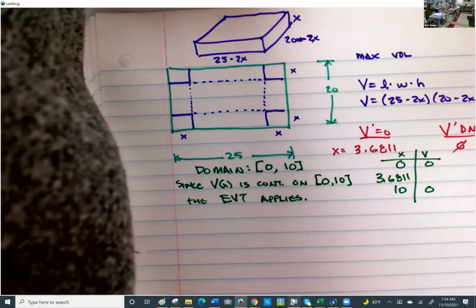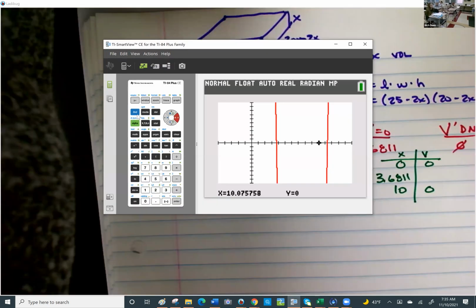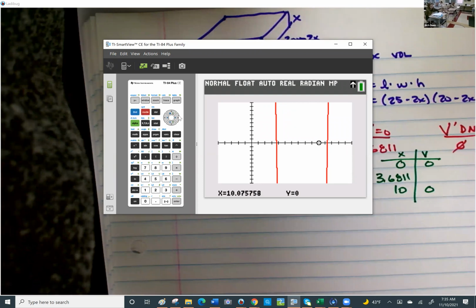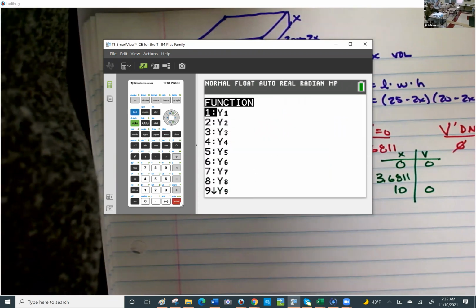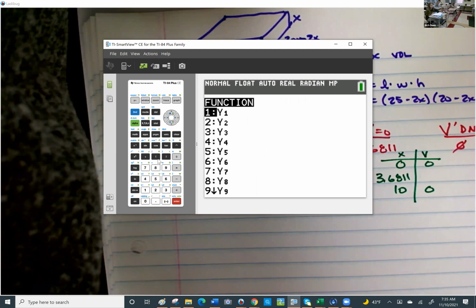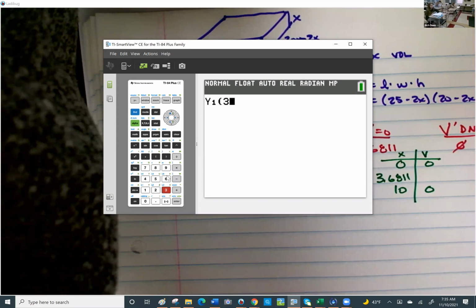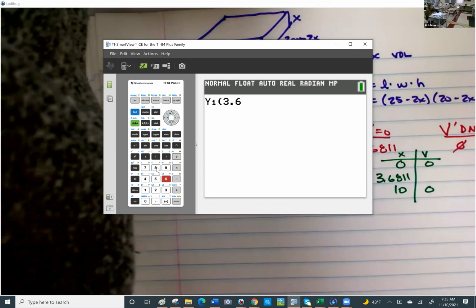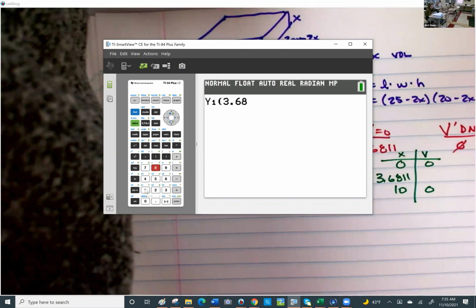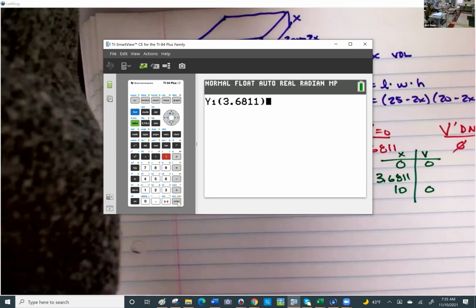And I'm going to do it the easy way on my calculator. Second quit, bars, Y bars, and use my function here and just put the 3.6811.